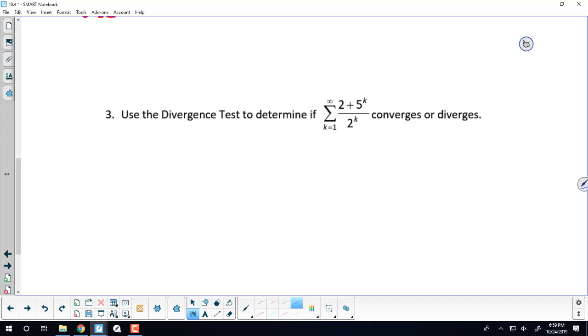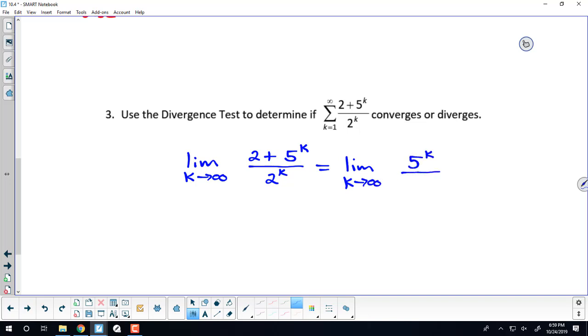Diverges? Yeah. So I think the use of growth rates here would be extremely efficient. Well, let's just go ahead and write all of it out first. So at infinity, we can just look at leading term over leading term. And by growth rates, 5^k grows more rapidly. So this is infinity.